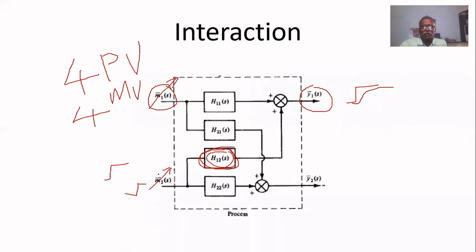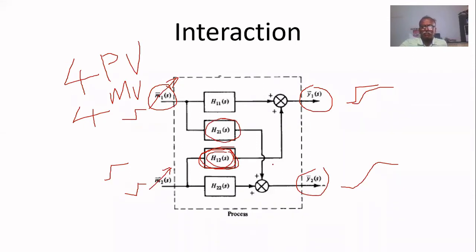Similarly, by keeping M2 constant, if you give any change in M1, Y2 changes. So you can model the change in Y2 for a change in M1. That model is called H21, the dynamics between M1 and Y2.